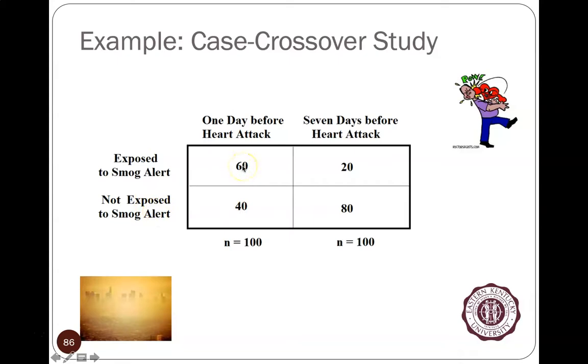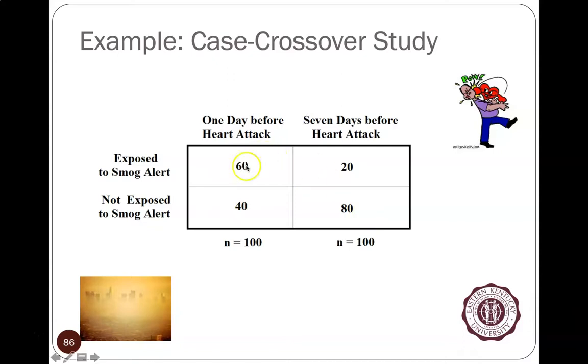When we go to the people that had the heart attack and we look at the air quality 7 days before, among these 60, they go 7 days before and no smog alert. Among all these people, they go 7 days before, no smog alert.